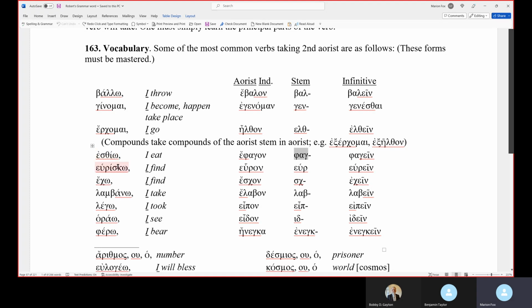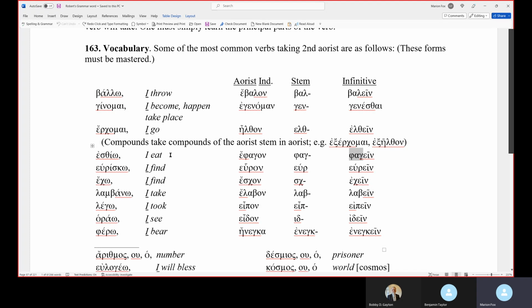And again, it's like our go and went. There's your augment, epsilon, there's your stem, omicron nu, singular. This is the first person singular form. And so we take our basic stem, phag, and now that becomes our infinitive. Again, to eat. Okay?